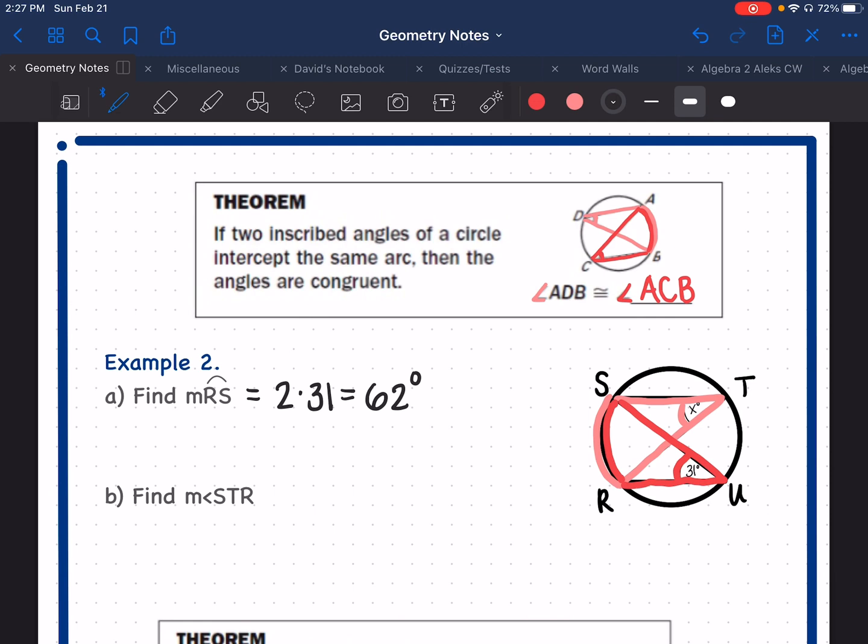That's how it works, okay? And to find the measure of STR, let's see, STR, that would be my peach one. Well, it's the same as the orange one, 31 degrees, right? Because they're exactly the same, because they intercept arc SR.